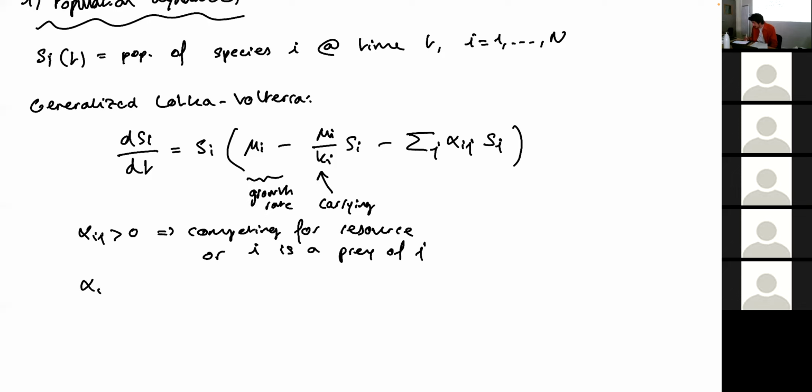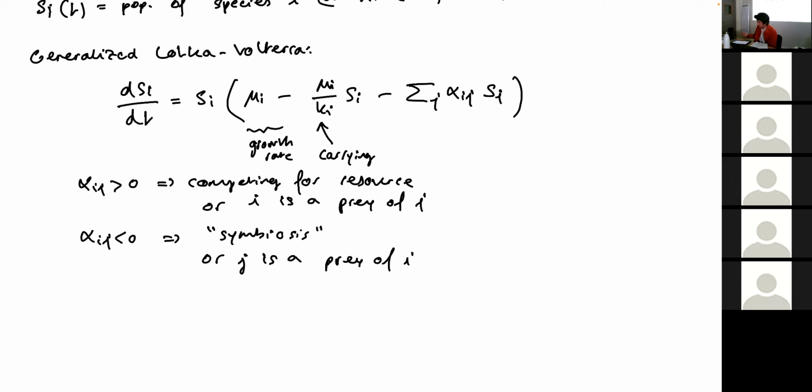Okay, and conversely, if it is smaller than 0, basically this is like symbiosis, so both species are mutually beneficial, or it means that j is a prey of i.